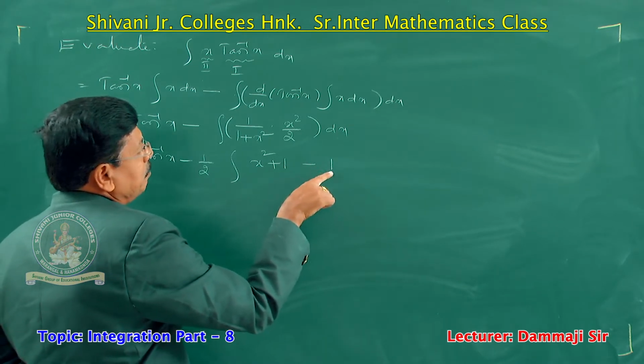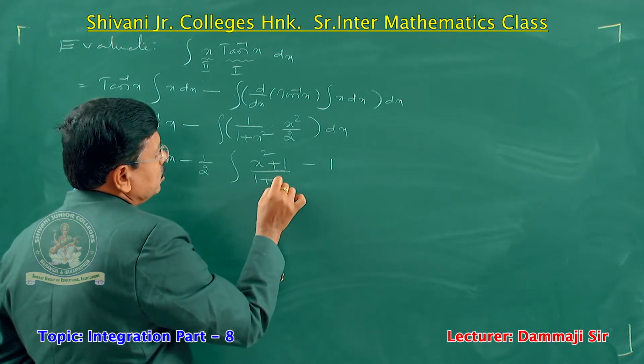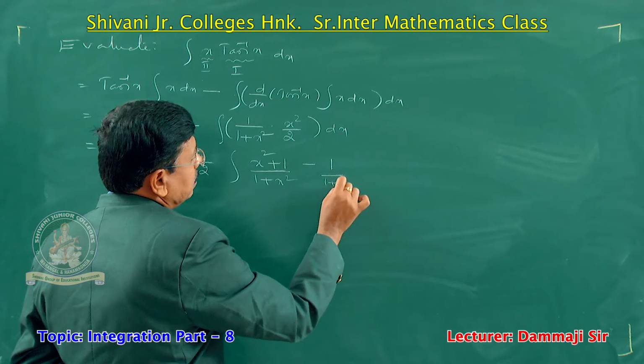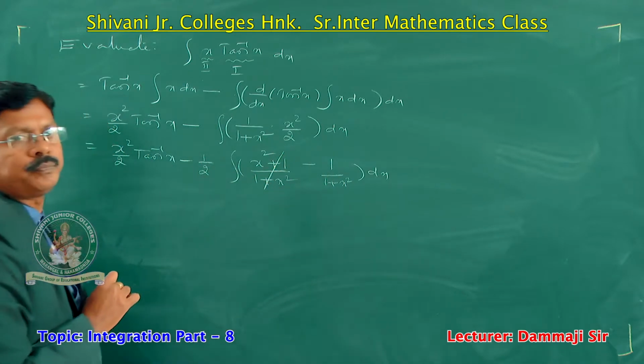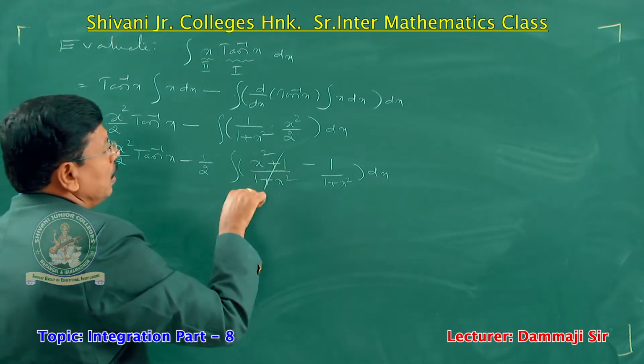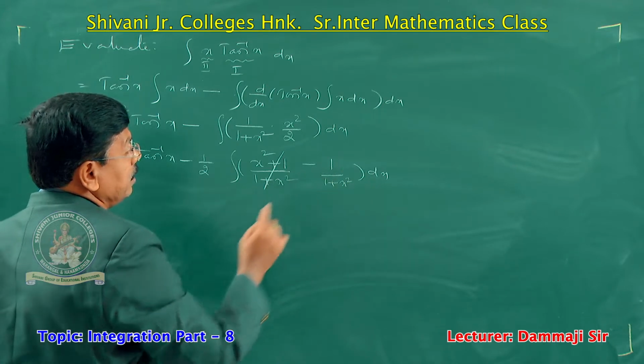So, adding and subtracting: 1 plus x square over 1 plus x square cancels, and the total result is 1. The integral of 1 dx is nothing but x.